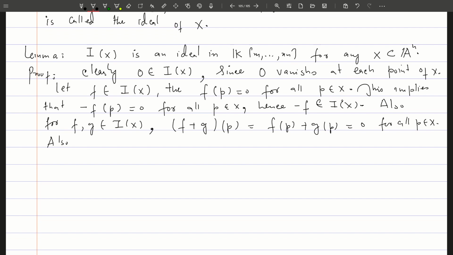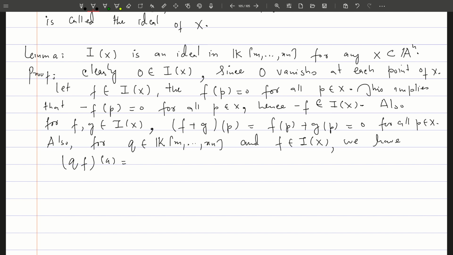And also, for a polynomial q in the polynomial ring k[x1, ..., xn], and f in the set I(X), we have (q f)(p), well, let us call this point p.